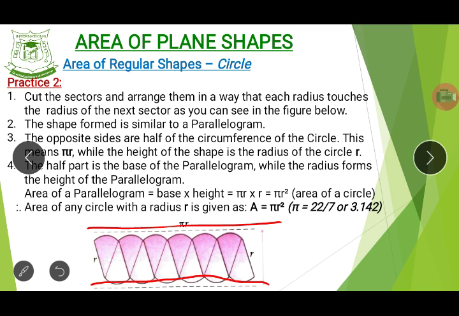How do we know that it is half? You divided the circle into 12 pieces, right? So let's count. We have 1, 2, 3, 4, 5, 6. 6 out of 12 is half of 12, and then you have the remaining 1, 2, 3, 4, 5, 6.